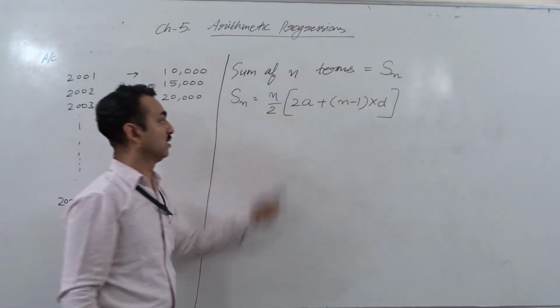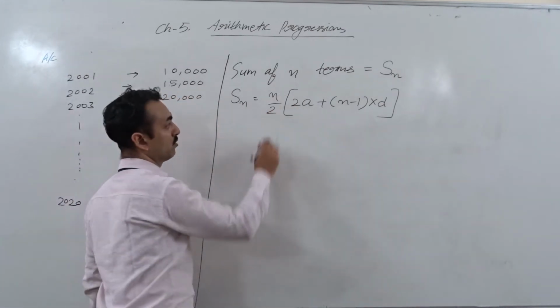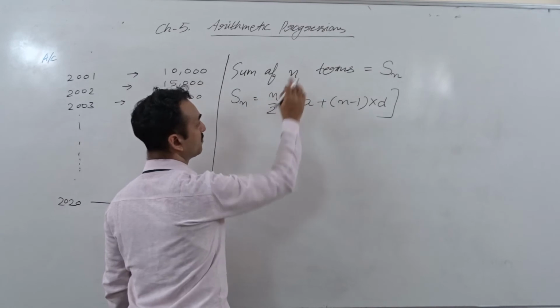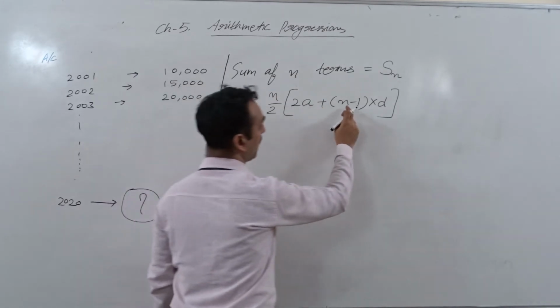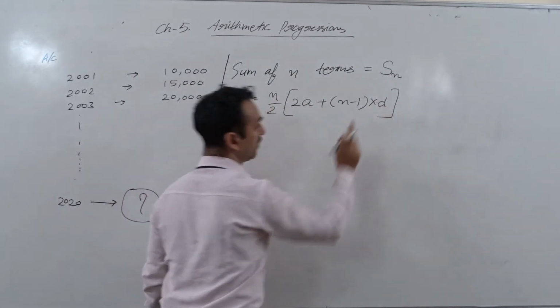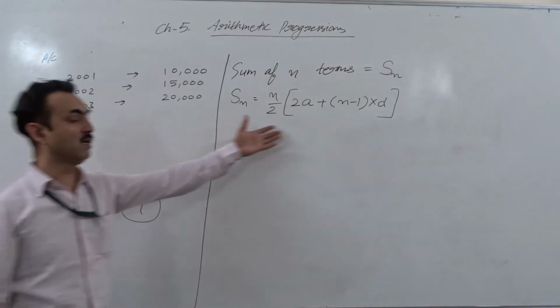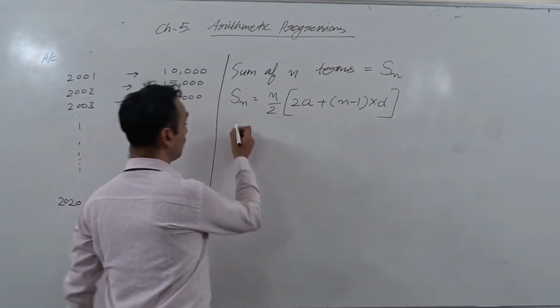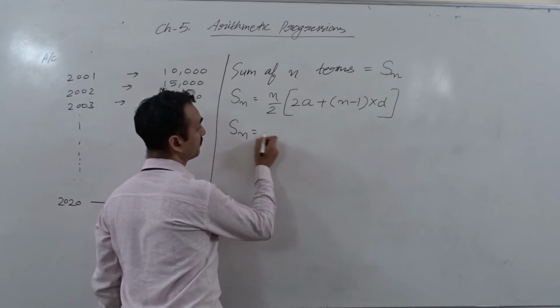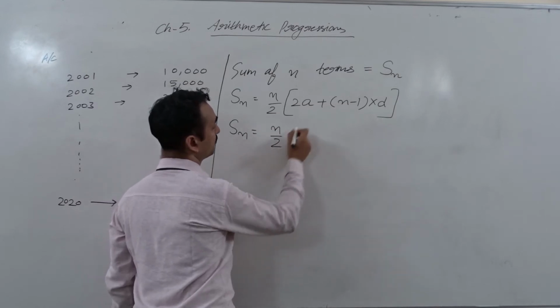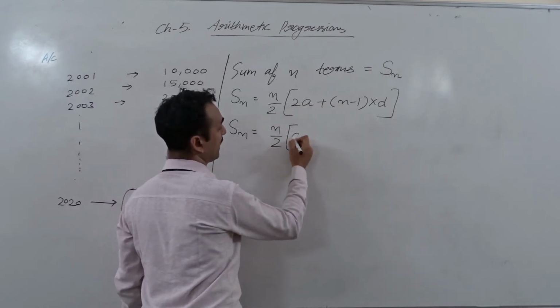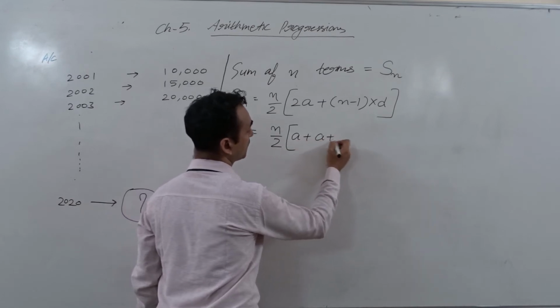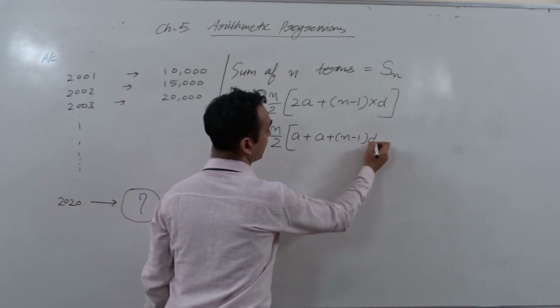Let's talk about the variables. N, we know, is the number of terms, a is the first term, and d is the common difference. So this is the formula. Now there is another formula to find Sn: n by 2. We can write 2a plus n minus 1 into d.